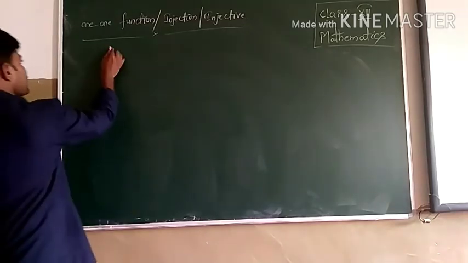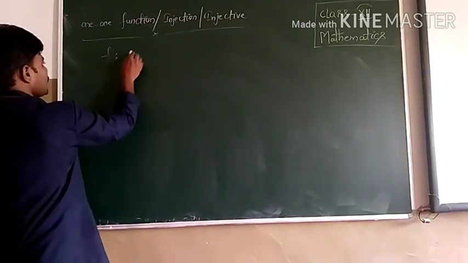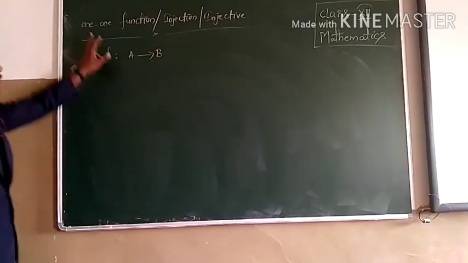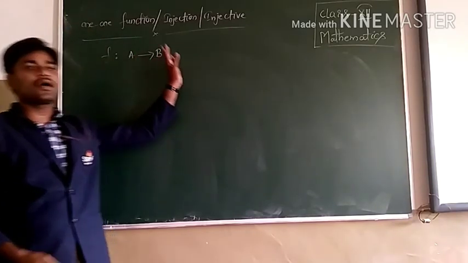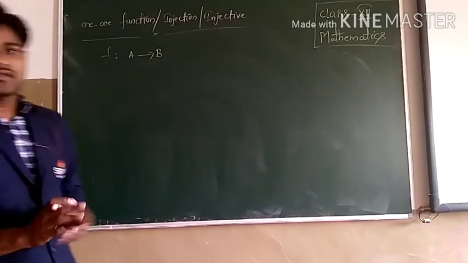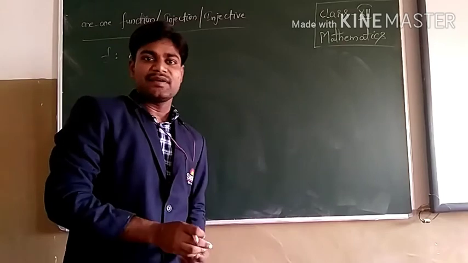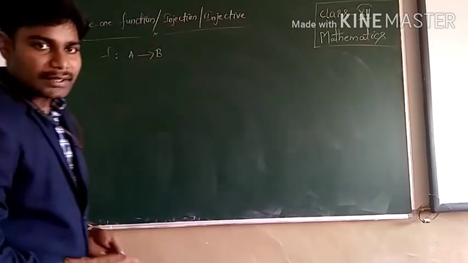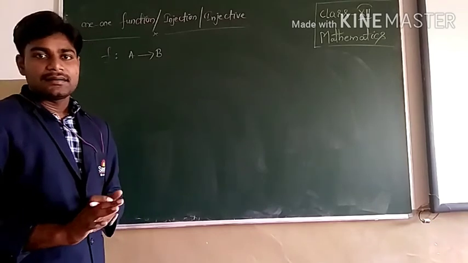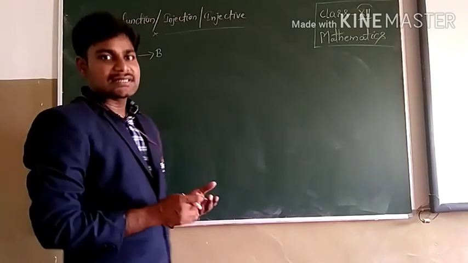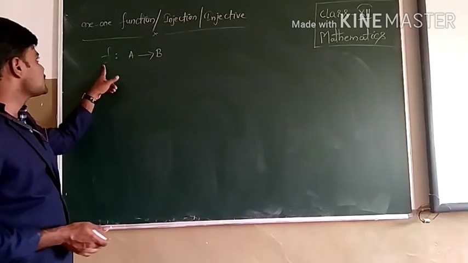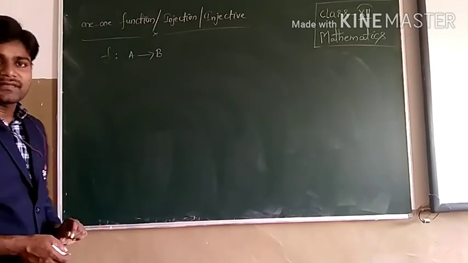Let f from A to B be said to be a one-one function, or injection, or injective function, if no two elements of set A have the same image in set B, right? If no two elements of set A have the same image in set B, then the function f is called a one-one function.